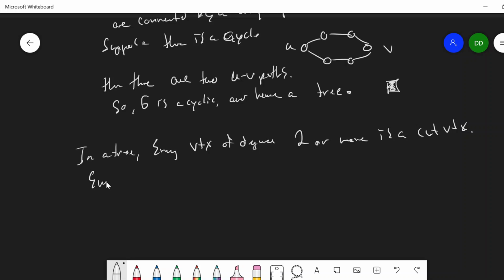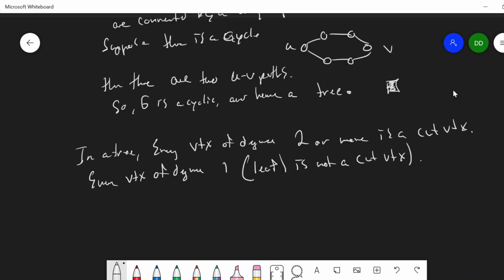And lastly, every vertex of degree 1, so every leaf, is not a cut vertex. Now, we know that every connected graph contains at least two vertices that are not cut vertices. In a tree, that means those two vertices that are not cut vertices must be degree 1 and hence are leaves.